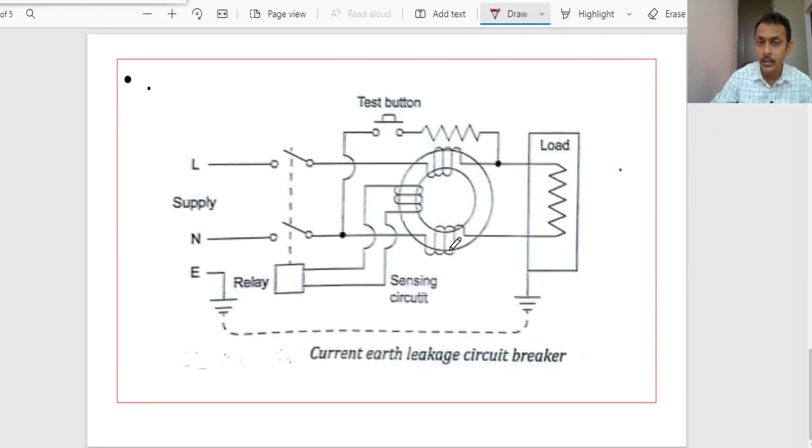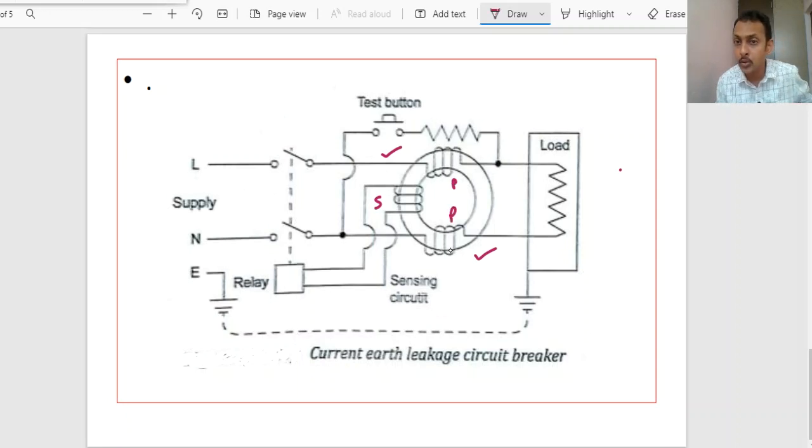Now if you observe in this diagram, the windings in line and neutral will act like the primary windings, and the coil connected to the relay will act like the secondary winding.